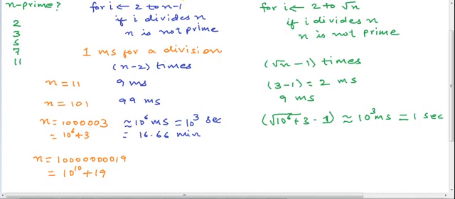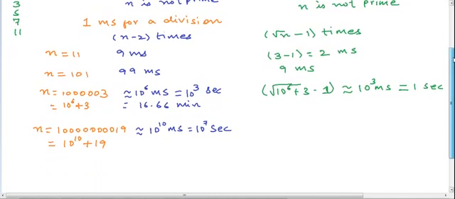Ram's program will take close to 10 to the power 10 milliseconds, which is equal to 10 to the power 7 seconds. If you try to convert this to minutes, hours, and then days, this will be a little more than 115 days, which is quite an impractical time for a program to solve a problem.